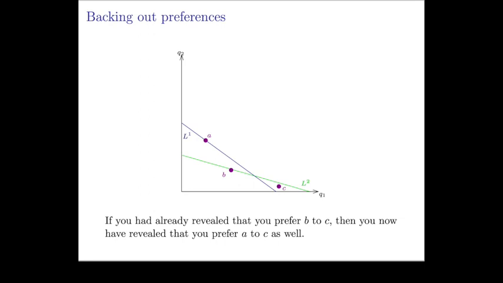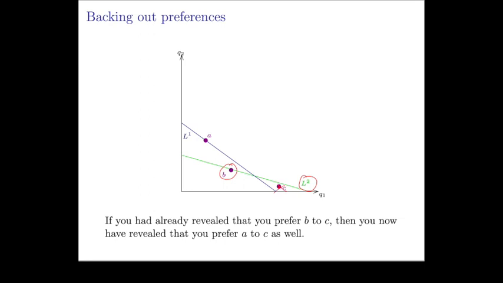Now let's suppose we see some other data point that describes this other budget line, L2. And when L2 is the budget line, we see that the consumer chooses B. The same consumer. But the consumer could have chosen C instead. But they didn't.